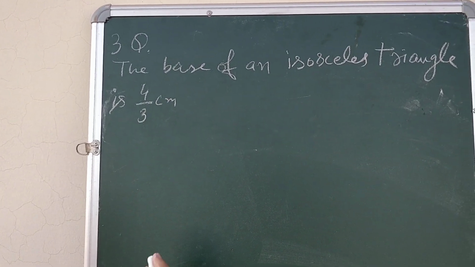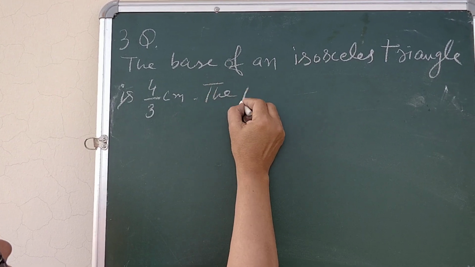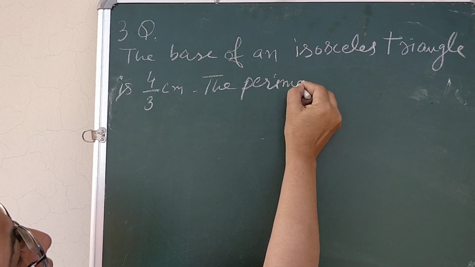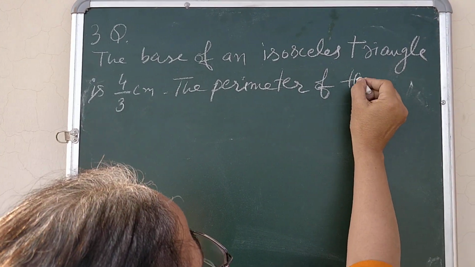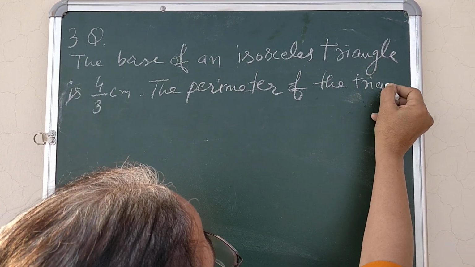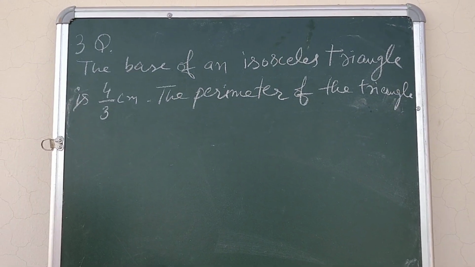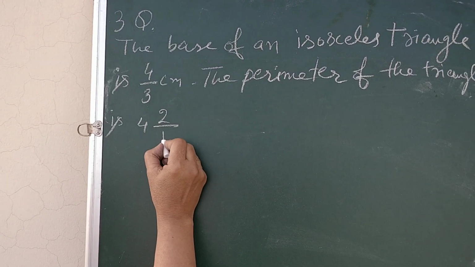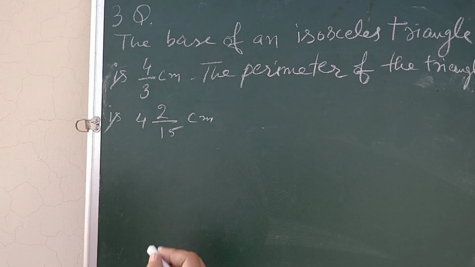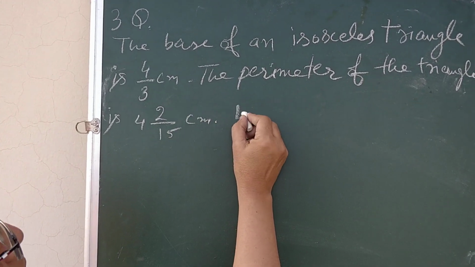The perimeter of the triangle is 4 2/15 centimeter.